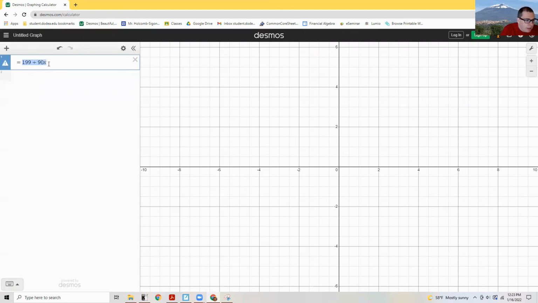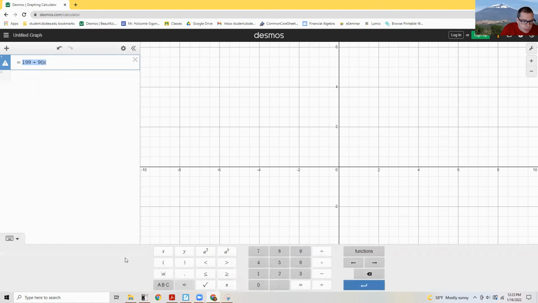Actually, I could just do divided by X. There we go. So there's 199 plus 90X divided by X. And if I hit enter, hopefully it graphed it.